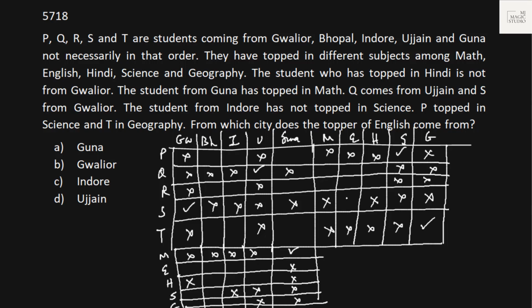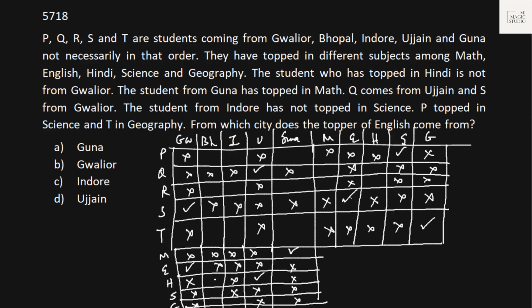Gwalior has topped in English. Wow. That is the question they have asked, because this is the only block left here. We put a tick here. Then S is from Gwalior, who has topped in English. No need to complete the entire grid also.